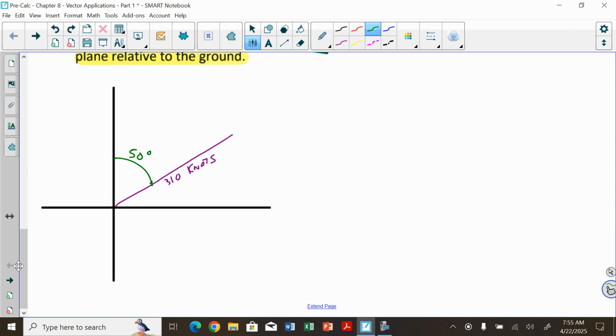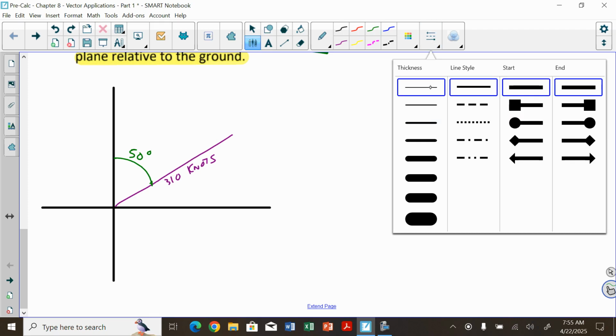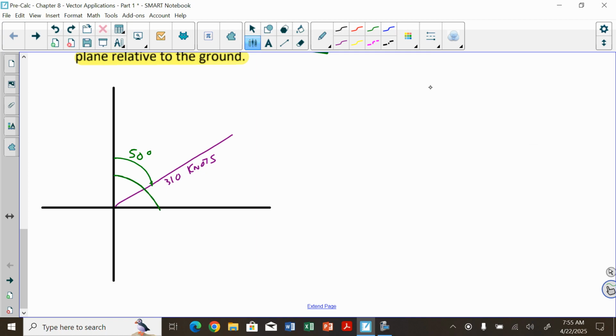All right, so this one here, I'm going to draw the angle this way from the north all the way down here. So this would be 90 right here, right? I've got to go a little bit more to make it 125. I'll do it in purple again.